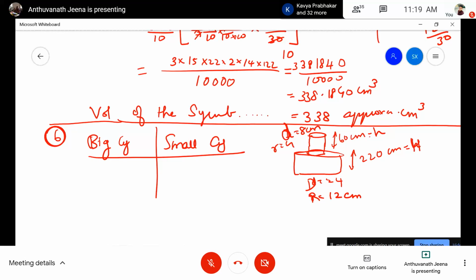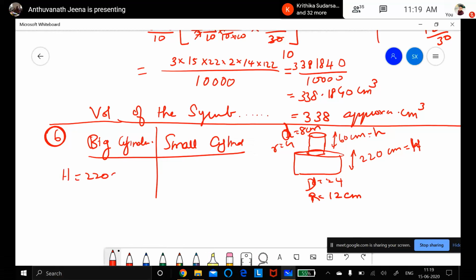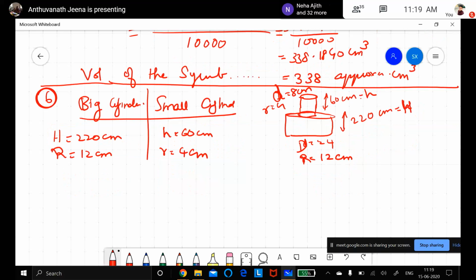So one is big cylinder, another one is small cylinder. For big cylinder, the height will be 220 centimeter and radius will be 12 centimeter. For small cylinder, height is 60 centimeter and radius is 4 centimeter. Like this you write and then start it. You will not go wrong.